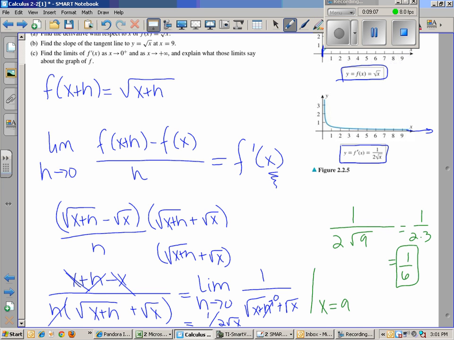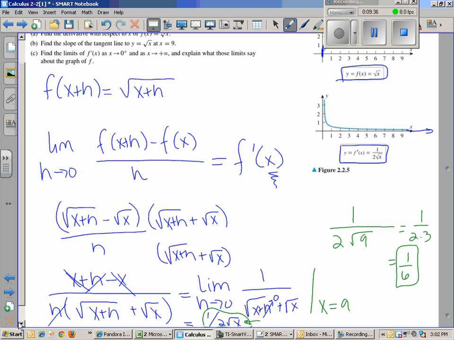And now we want to look at the limit of the derivative as x goes to 0. So what we really want to do is take a look at this and say what's happening to that as x goes to 0. And as x goes to 0 from the right, that's the only place we can look at it, the square root of x is getting infinitely small, which means this is going to infinity.